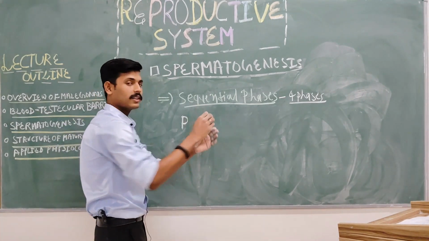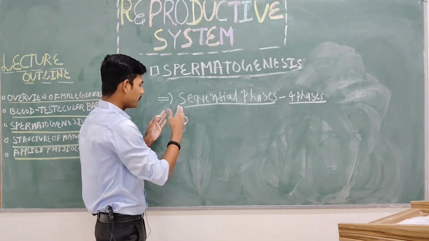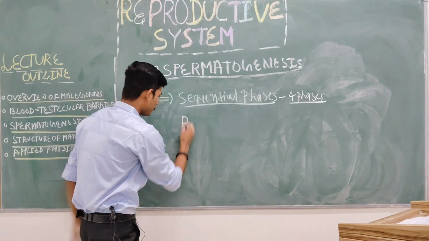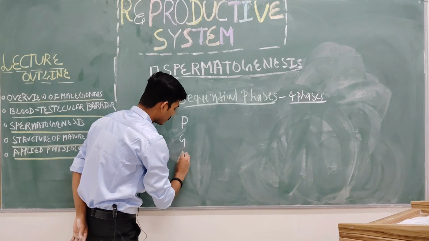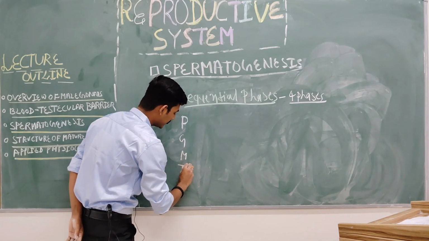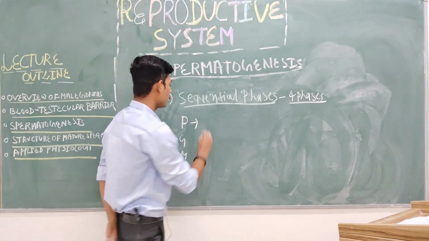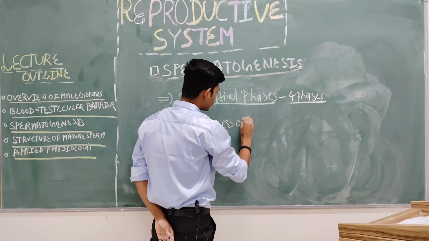Just remove the word NEET. Just remember PG matters. P, G, M and T. P refers to the process of proliferation.